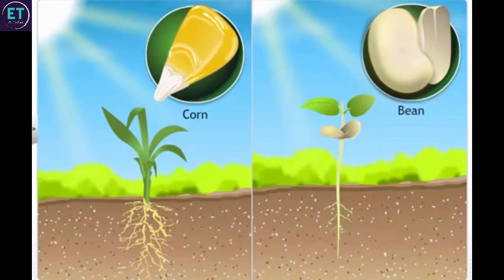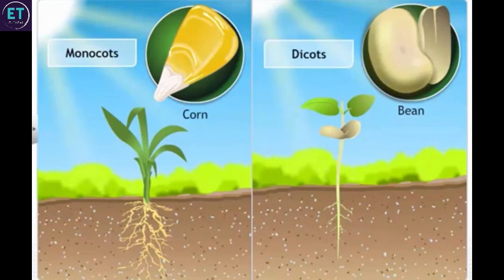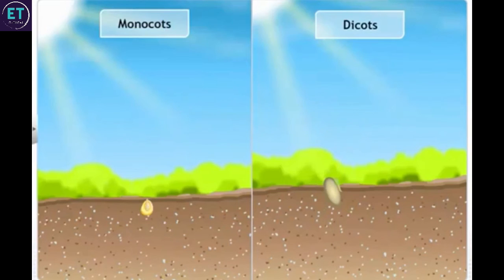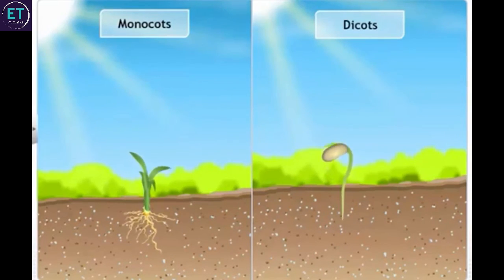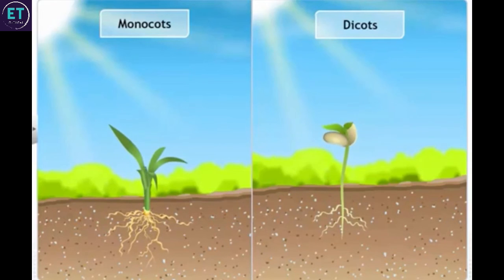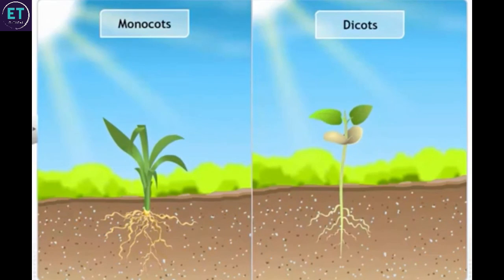On the other hand, the bean can be split into two parts. That's because the corn seed is a monocot and the bean is a dicot. The manner in which they grow and spread their roots is also very different. In fact, as you can see, the leaves of the monocot and dicot plants differ from each other as well.